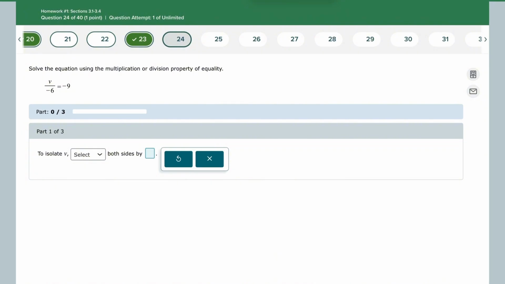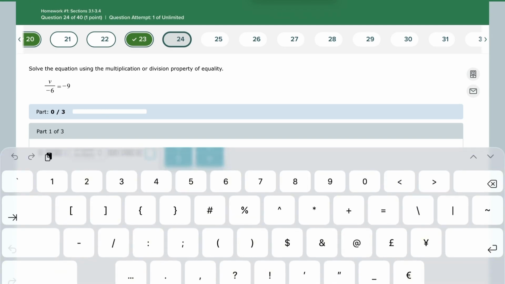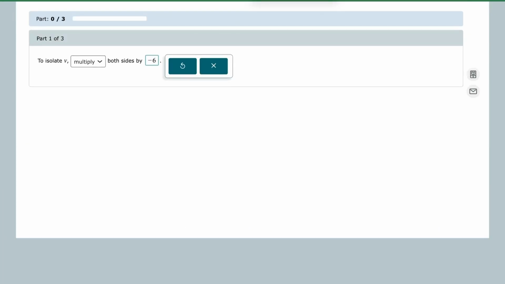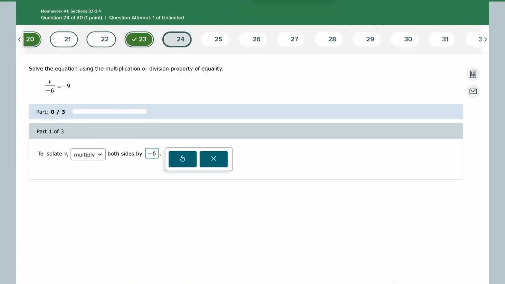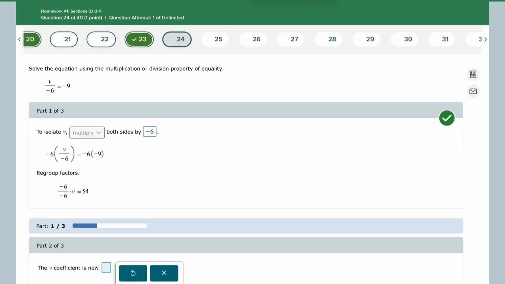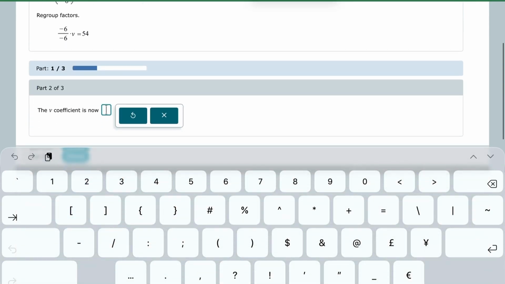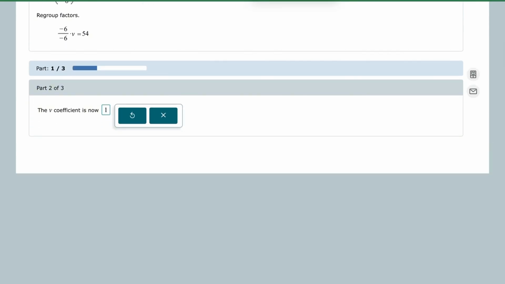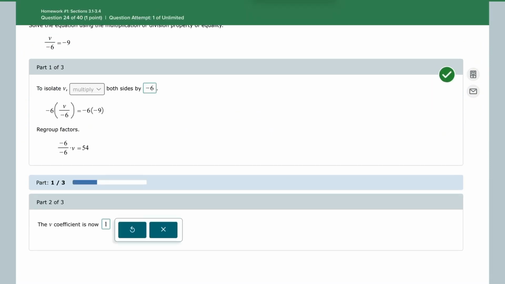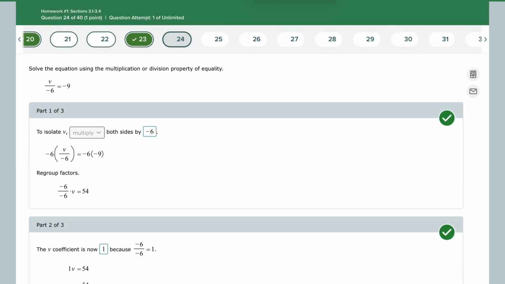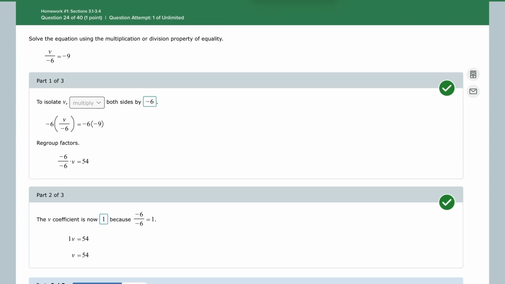So it says to isolate V, you multiply both sides by negative 6. And then the V coefficient is now, it should be 1, but we'll see if that's correct. Okay. See that?